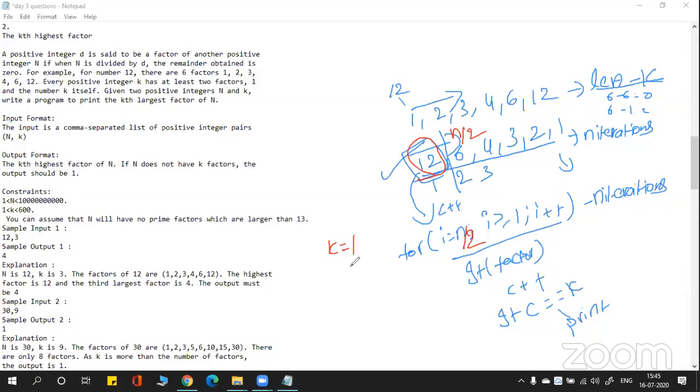If k is equal to 1, that means I should print the highest factor, 12. But if I start from n by 2, my output will be 6. I want 12, I should not get 6. So for this purpose, we should include one condition. We'll see what that condition is.